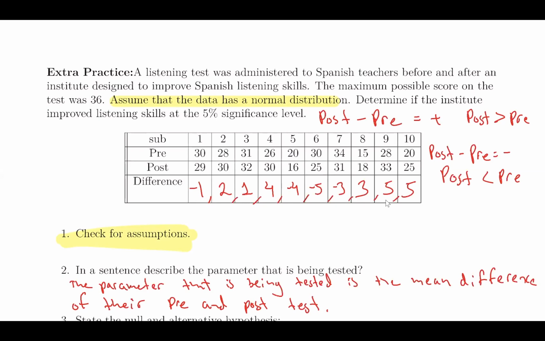So the parameter that's being tested is the mean difference of their pre and post test.